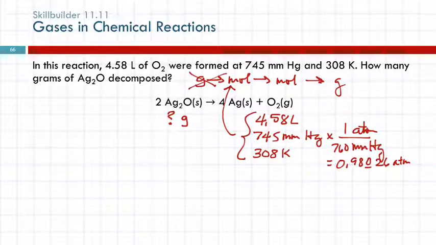So PV equals nRT. We already rearranged that. n equals PV over RT.